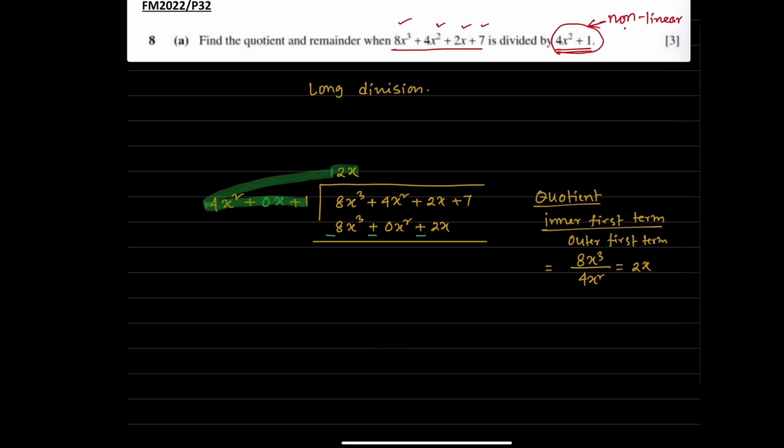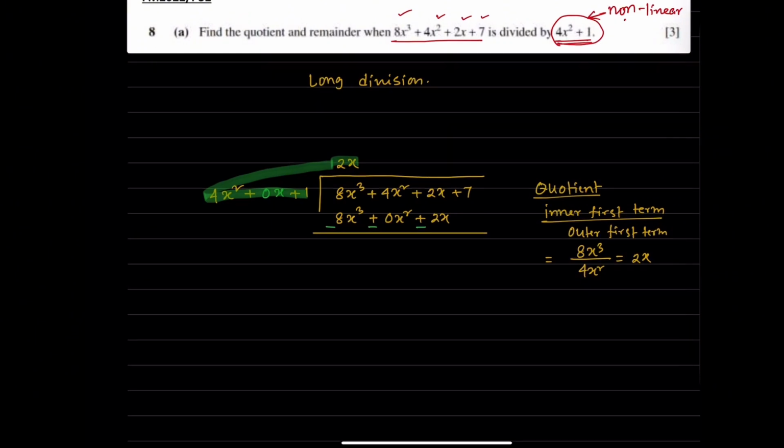Change the sign. Once we change the sign, 8x cube and 8x cube cancel out. We have 4x square and 0x square, so we write 4x square. Then 2x minus 2x is again 0, but don't put just 0. You can write plus 0x, because this 2x and 2x are positive and negative, and then we write 7.